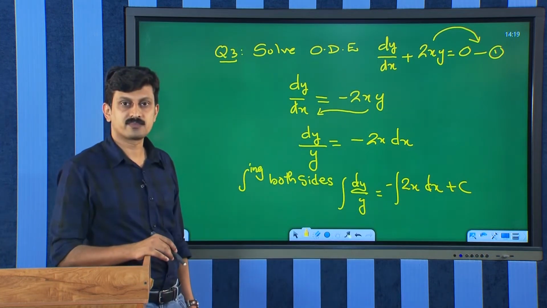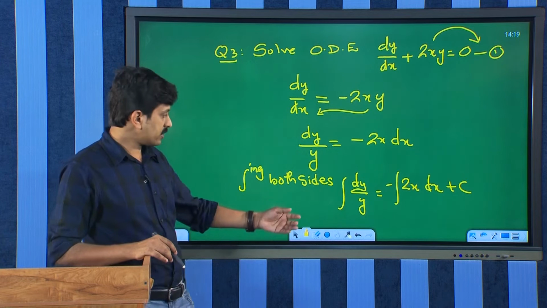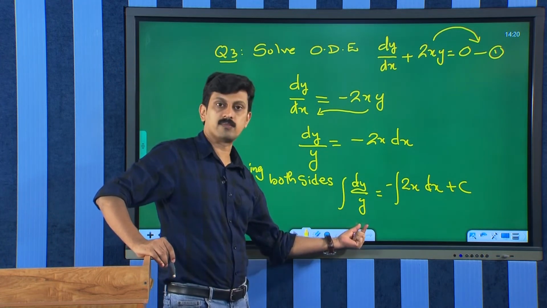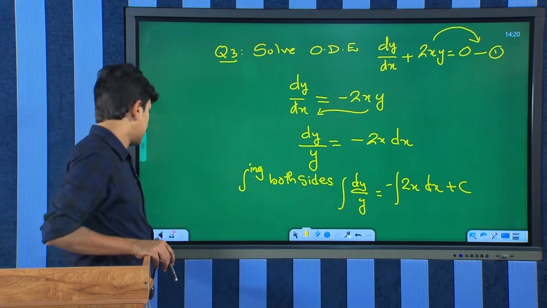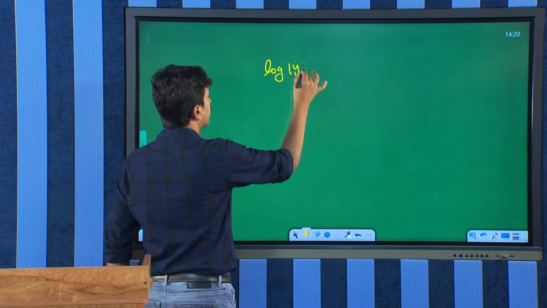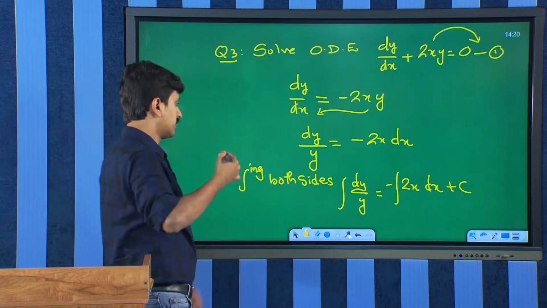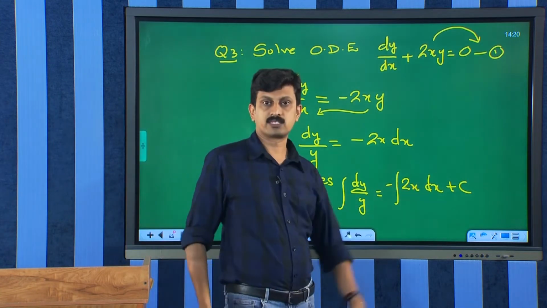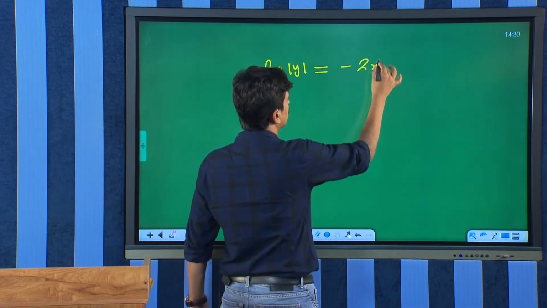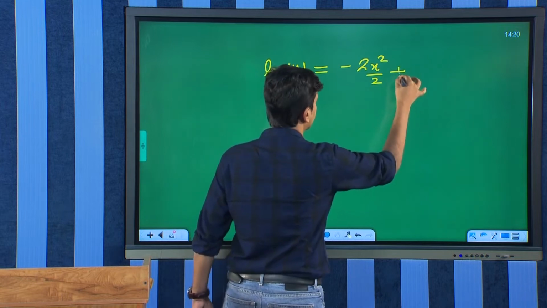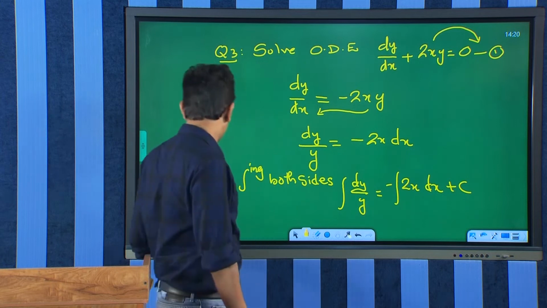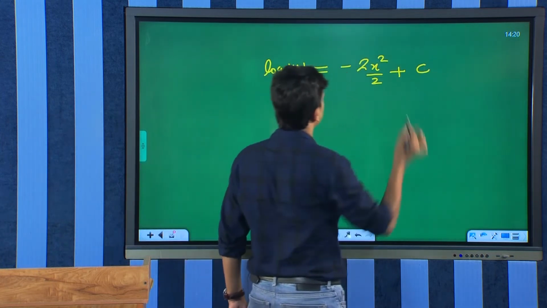While integrating dy by y, we have the formula that the integral of 1 by y is log mod y. Therefore, log mod y is equal to the integral of minus 2x, that is minus 2x square by 2, plus c.